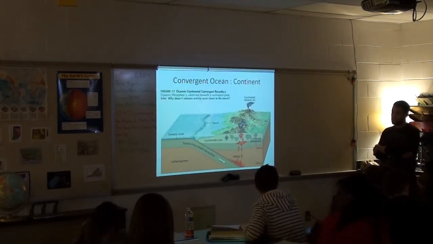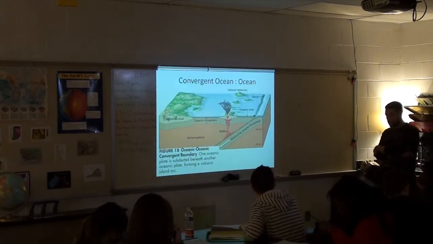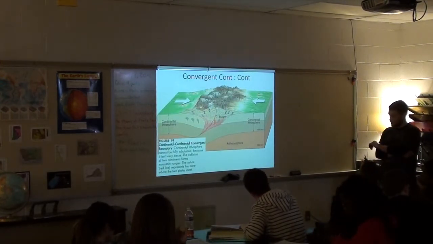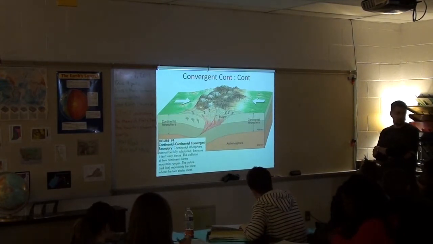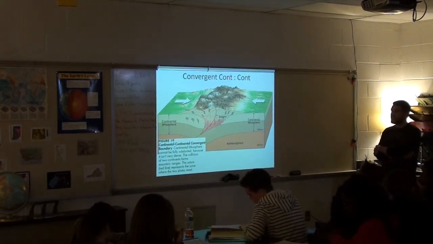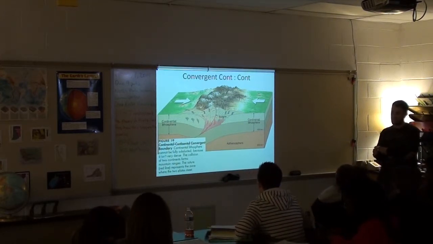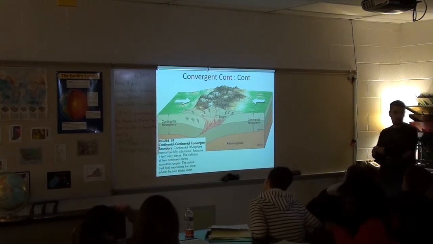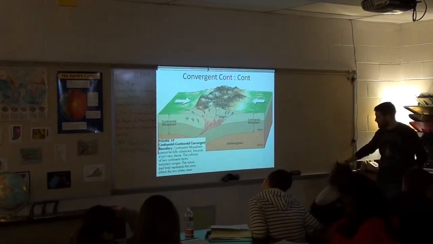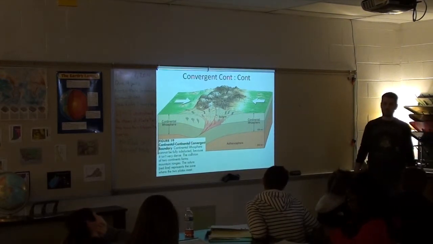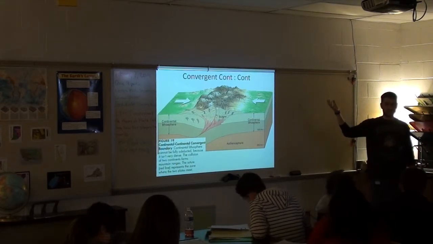It's continent, ocean to continent, ocean to ocean, and finally with convergent we get continent to continent. Now continent to continent, this is kind of cool. I think this is neat because the continent's kind of a bully. If you think of these as battles between kids in the playground, the kid who's bigger and mightier and stands taller is always going to win, king of the hill.